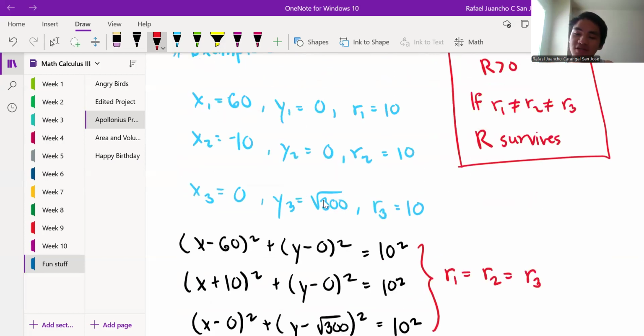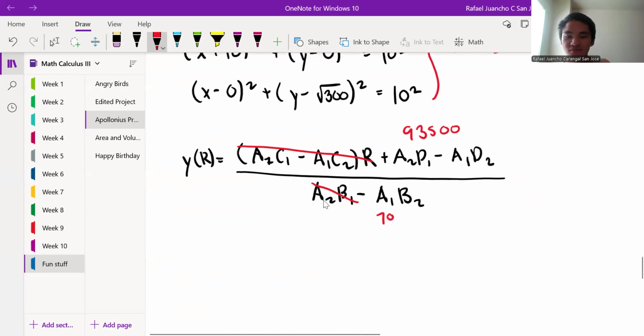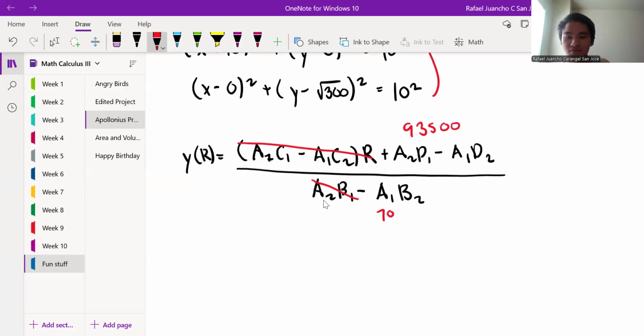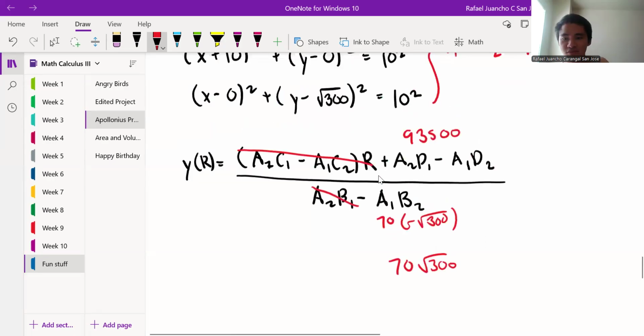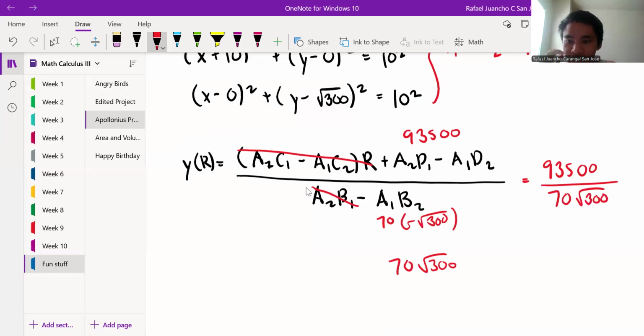Minus Y3. So I actually get negative square root of 300, right? And then I just have this negative, so it just gives me 70 square root 300. Okay, so this one should be 93500 70 square root 300, right?